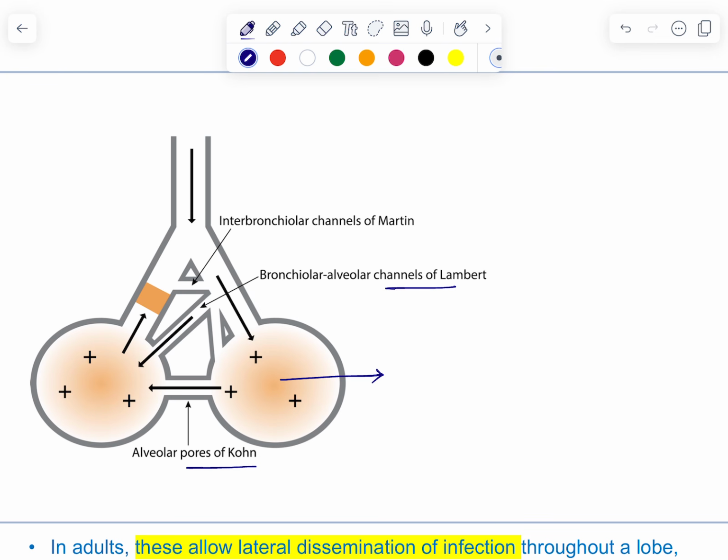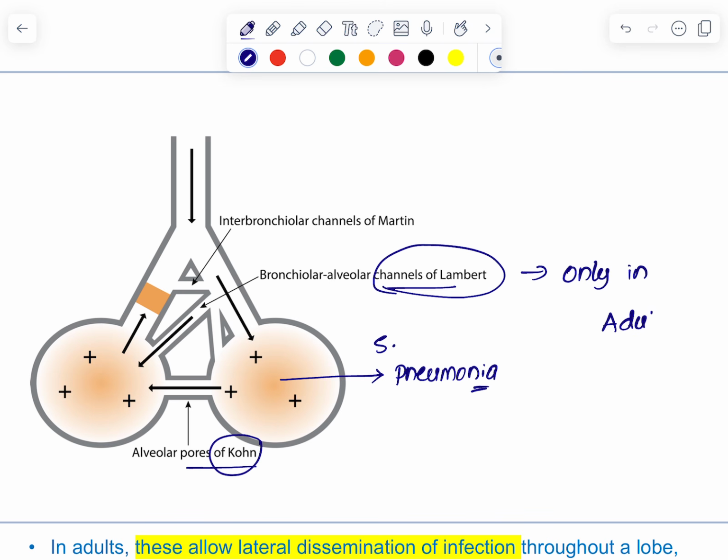If there is an infection caused by Streptococcus pneumoniae, it can spread from one alveolus to another in adults, because the pores of Kohn and the channels of Lambert are developed only in adults. They are not yet seen in children.